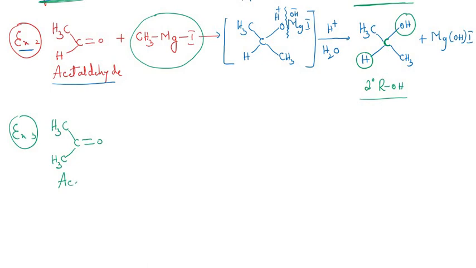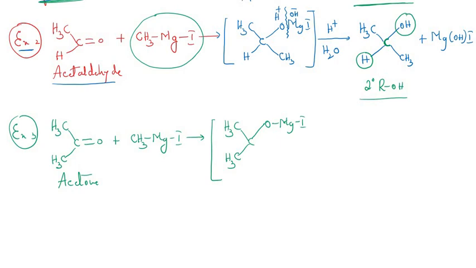This compound is acetone, which is nothing but a ketone. When I treat this compound with methyl magnesium iodide, we get the adduct. I'll write CH3C, then CH3, here OMgI, and here CH3.